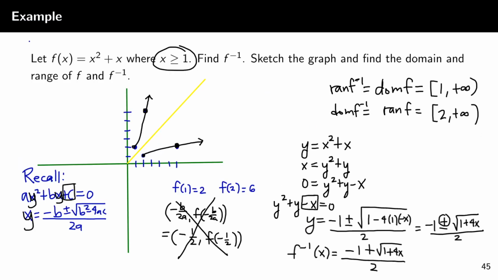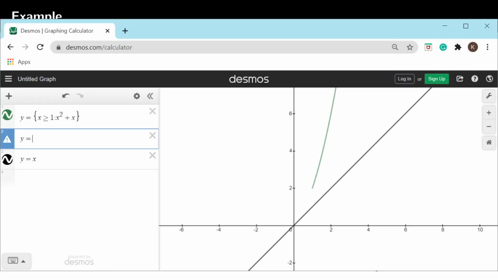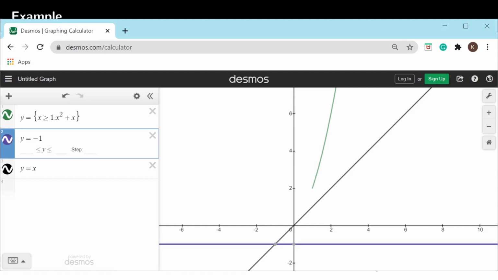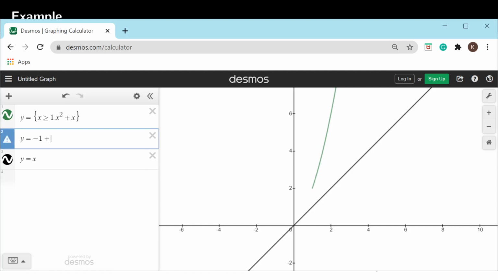I-type muna natin yung buong expression. So, negative 1 plus square root of 1 plus 4x over 2. Okay, so negative 1 plus square root, you can just type sqrt and then it will give you the square root function. 1 plus 4x.